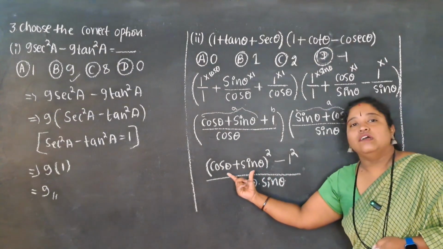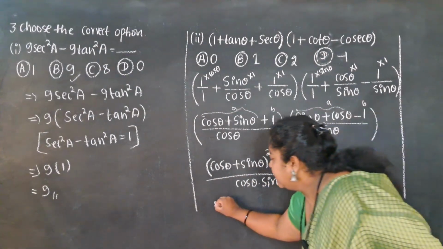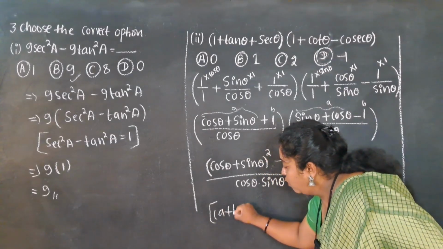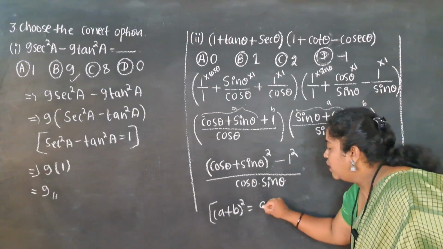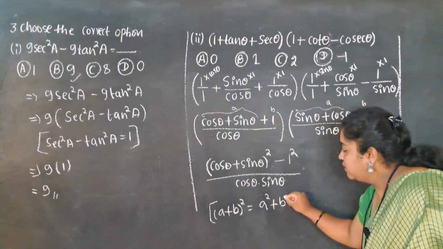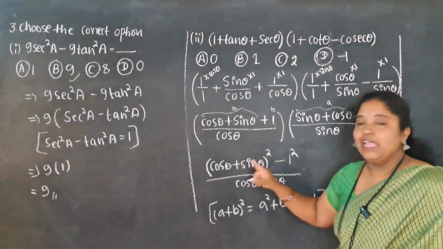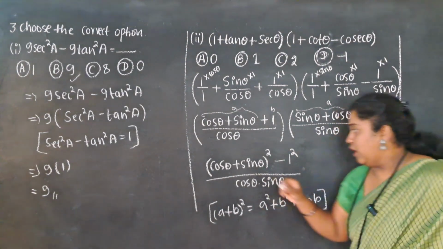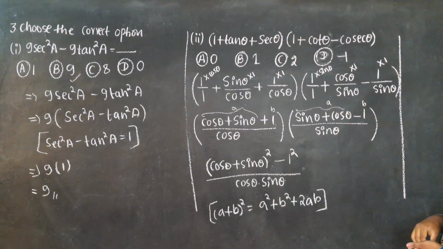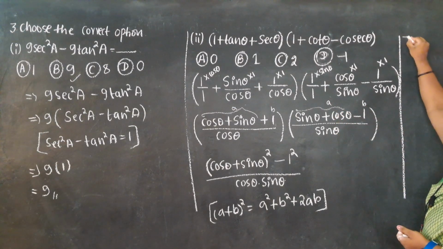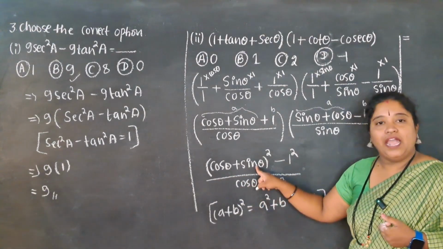So we have cos theta plus sin theta the whole square. It looks like the identity A plus B the whole square. You already know A plus B the whole square is equal to A square plus B square plus 2AB. By using this identity, I'll expand this value. Now look at the board. In place of A I have cos, in place of B I have sin.